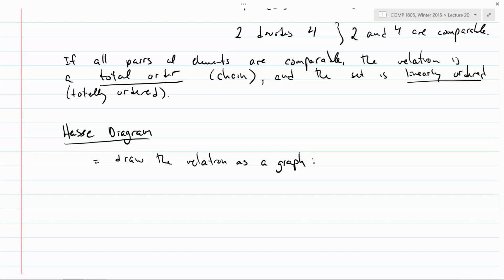They have vertices and they have edges. And edges go between two vertices. So the way these work is that you have a vertex for every element in the set. And you have an edge to denote which elements of the set are related by the partial order.